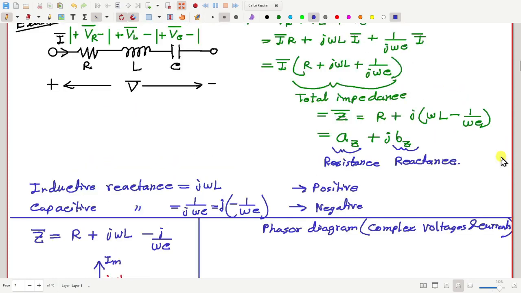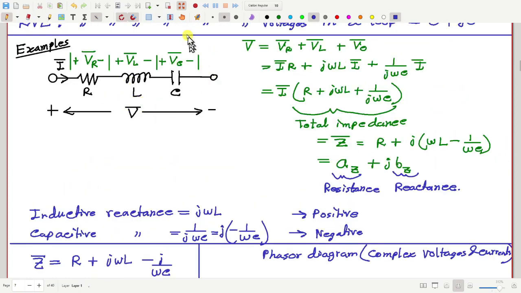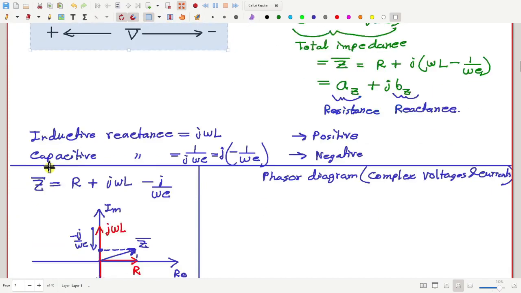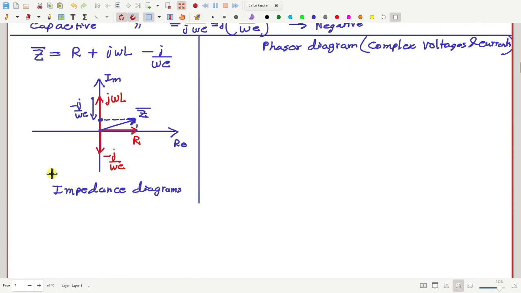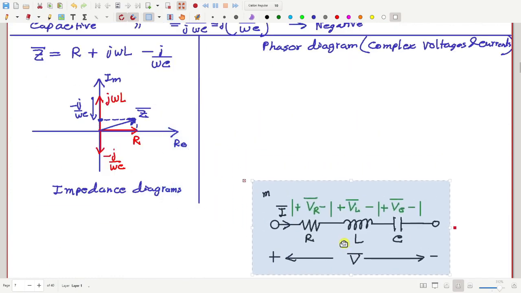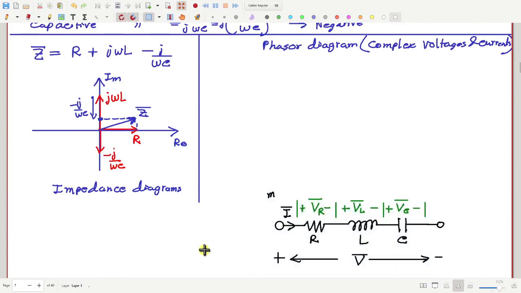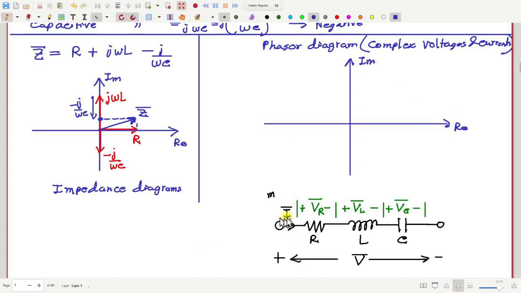If you consider this particular circuit, let me copy it below for quick reference. Then again let me draw a complex plane, real axis, imaginary axis. This I bar is a complex number. Suppose this is the I bar.